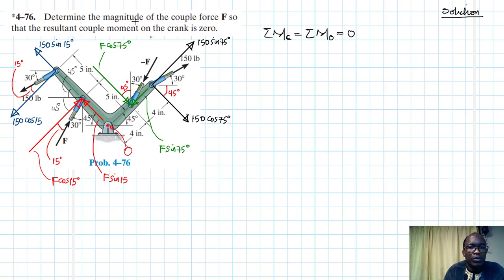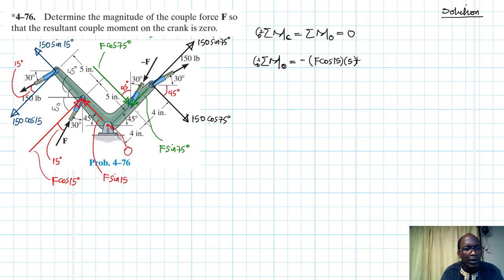We take moments about point O. So the summation of moments about point O, with clockwise being our reference, is going to be equal to, let's start: we have a negative moment, minus F cos 15 times the lever arm, which is 5.